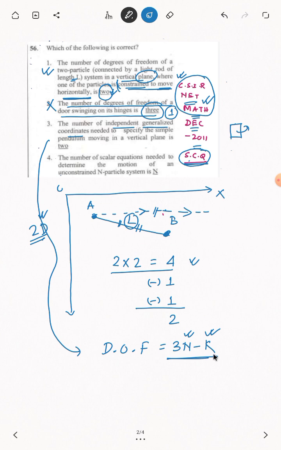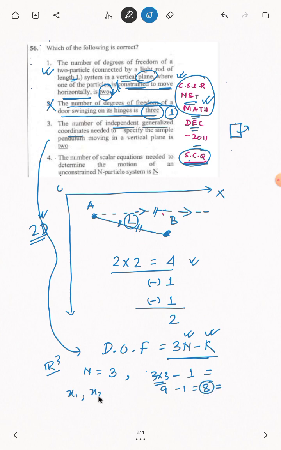This is the degree of freedom. Say n, that means the number of particles, is 3. So the DOF in R3, obviously in R3, 3 into 3 minus, say there is 1 constraint. So 3 into 3, 9 minus 1 equal to 8.